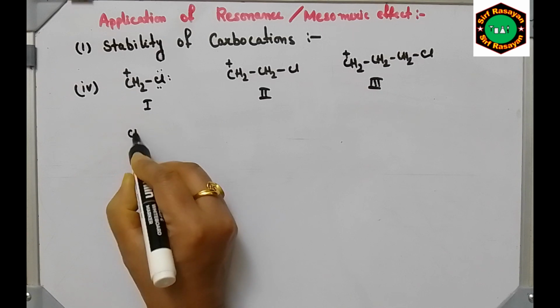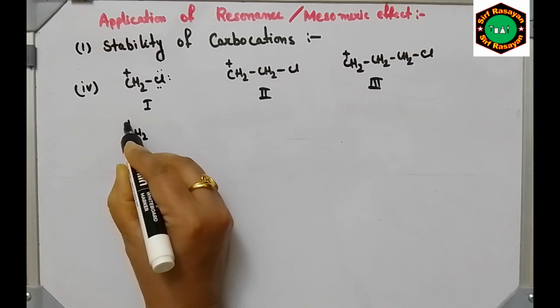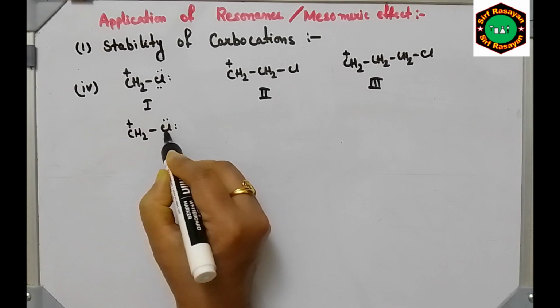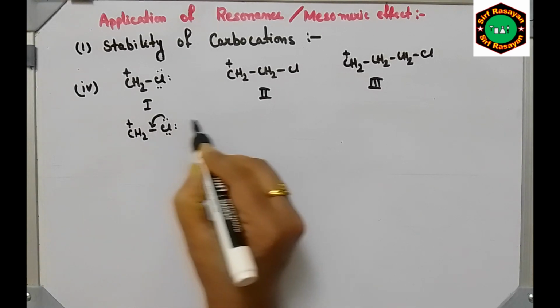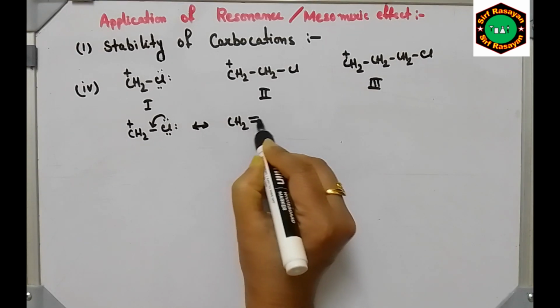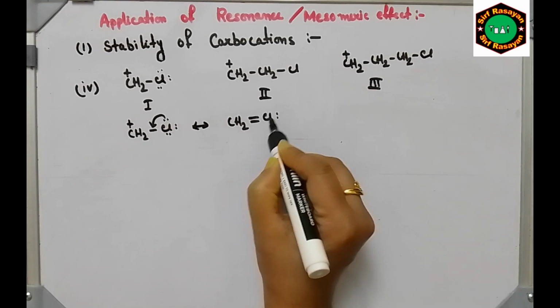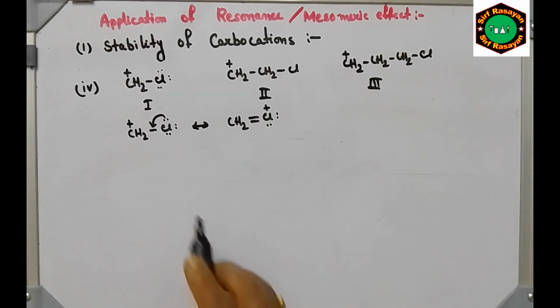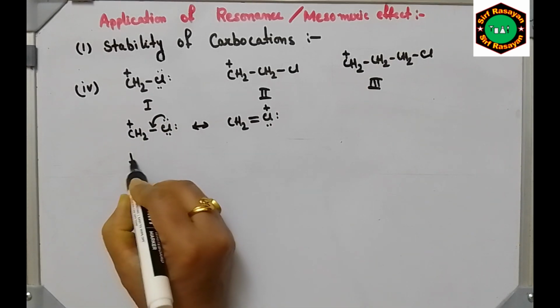You know how to write the resonating structure for this species. It will supply electron density here. You will get this one as resonating structure. So this is the most stable one.